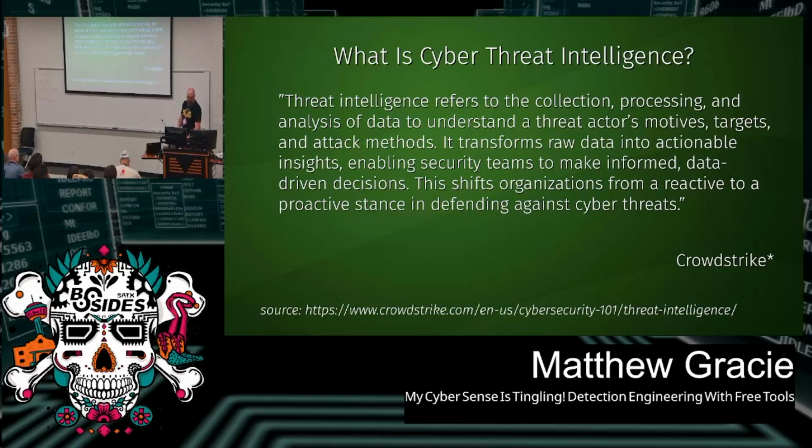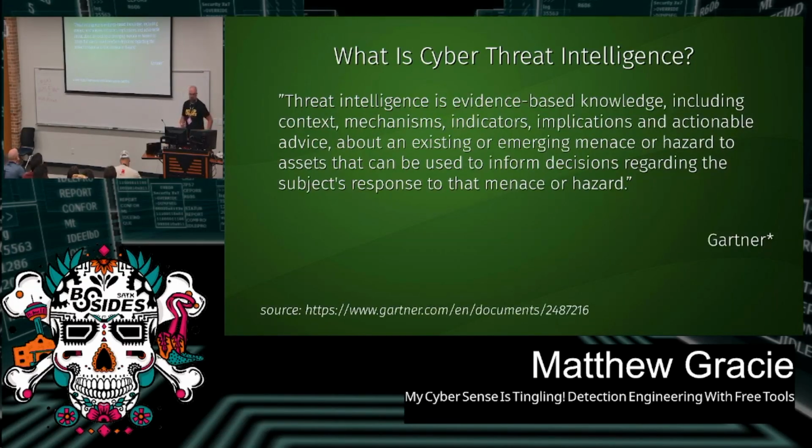From the other side, I have this definition from Gartner, and this one's a little bit older. I think this paper was from 2013. And this kind of shows how the attitude toward threat intelligence has changed in our field in the last 10 years. Threat intelligence is evidence-based knowledge, including context, mechanisms, indicators, implications, and actionable advice about an existing or emerging menace or hazard to assets, right?